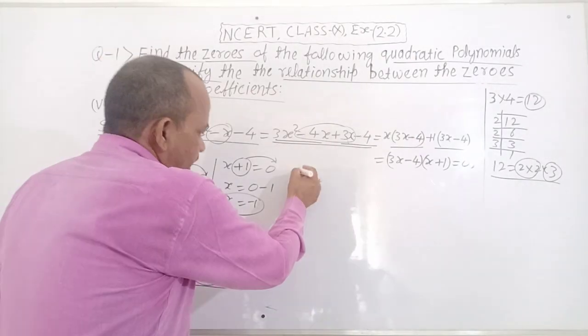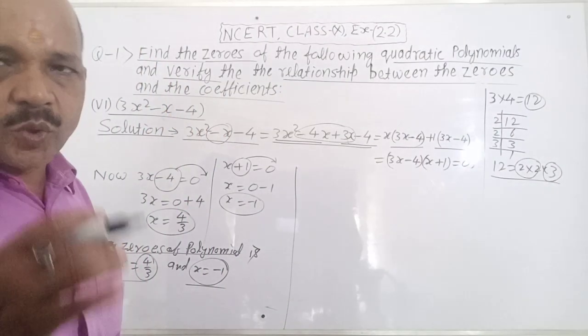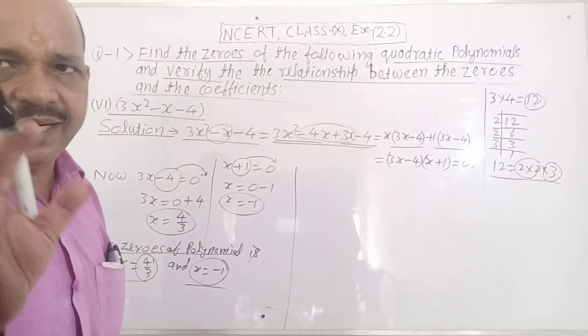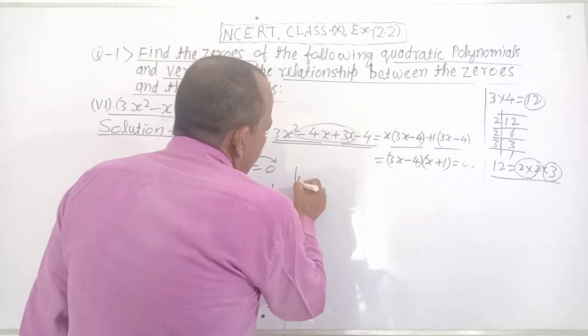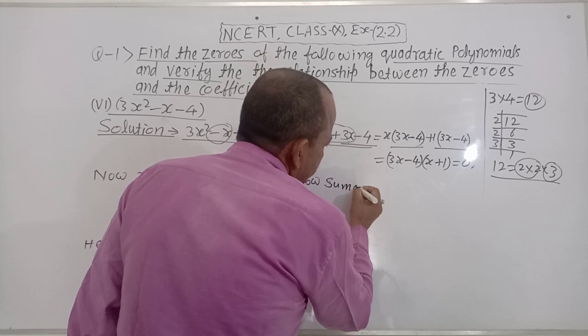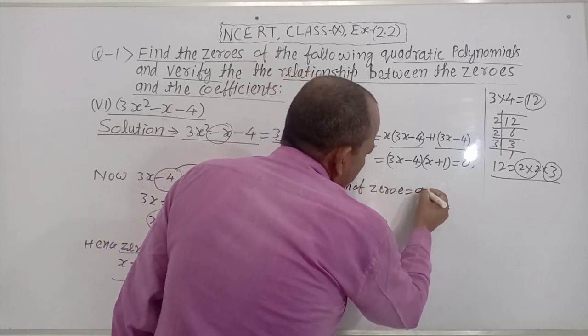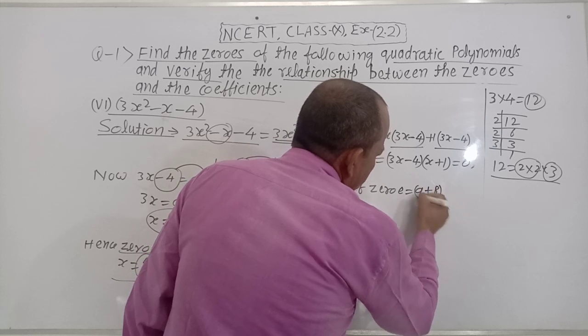Now I want to describe relationship between zeros and coefficients. Clear? Now sum of zeros equal to alpha plus beta.